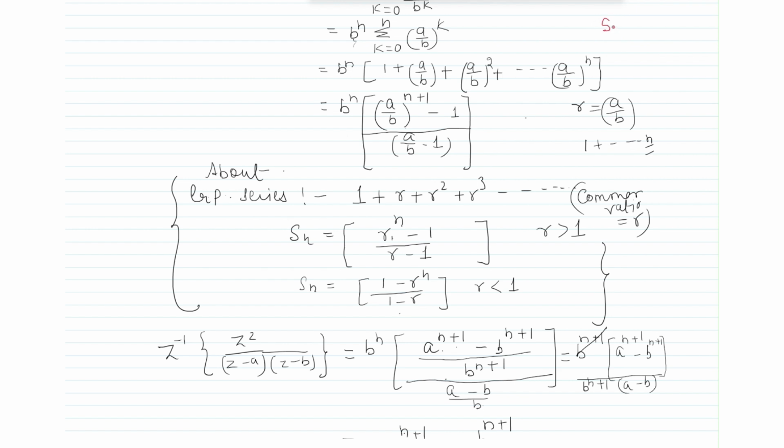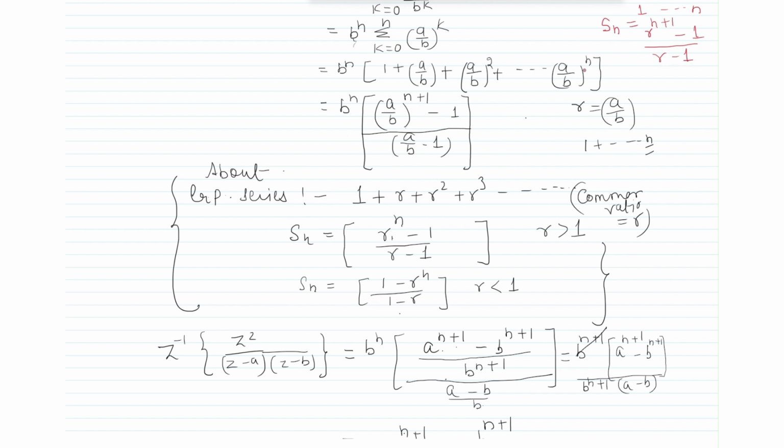So what is the sum of the finite series? Always for the sum of a finite series, if the terms are 1 to n, we write r to the power n plus 1 minus 1 upon r minus 1. The same formula we are writing here: r to the power n plus 1 minus 1 upon r minus 1.